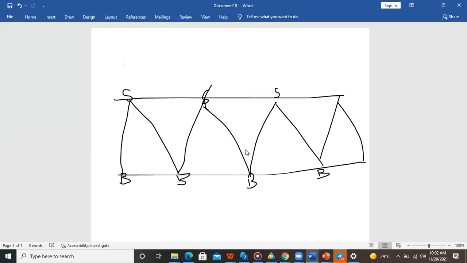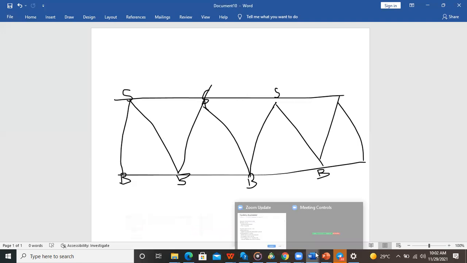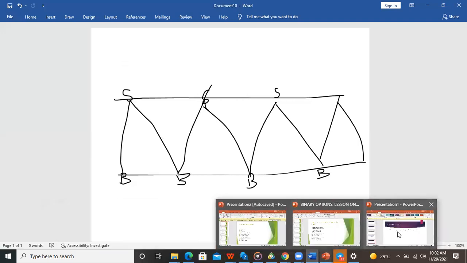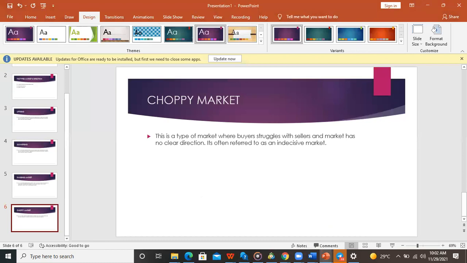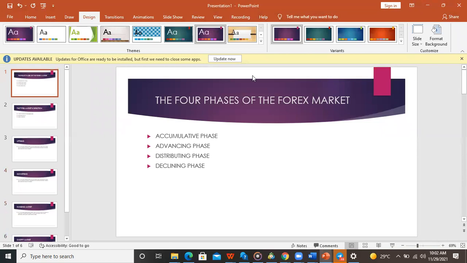All this needs patience, and you need to be monitoring the market before you take the trade. So this brings us to the end of our first lesson, and I believe it has revealed a lot to us. If there is any question, we will ask during the discussion time.